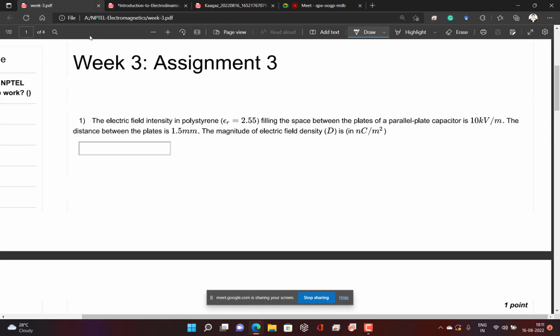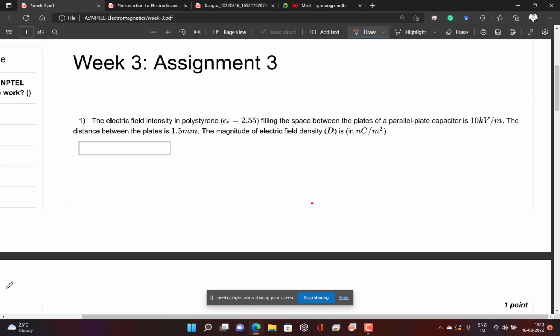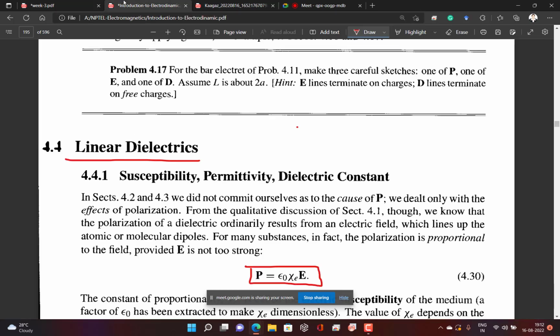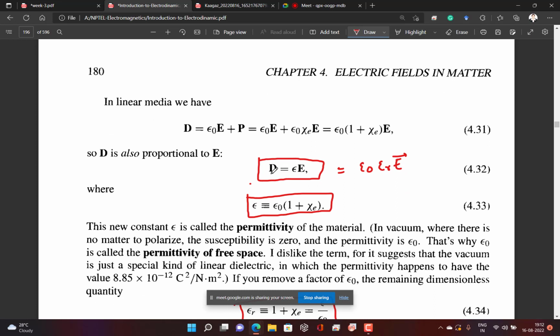In the question it's given that it's a parallel plate capacitor, so it has a linear dielectric and you can use this formula. The formula says that D is equal to epsilon E, that is epsilon naught epsilon R E.